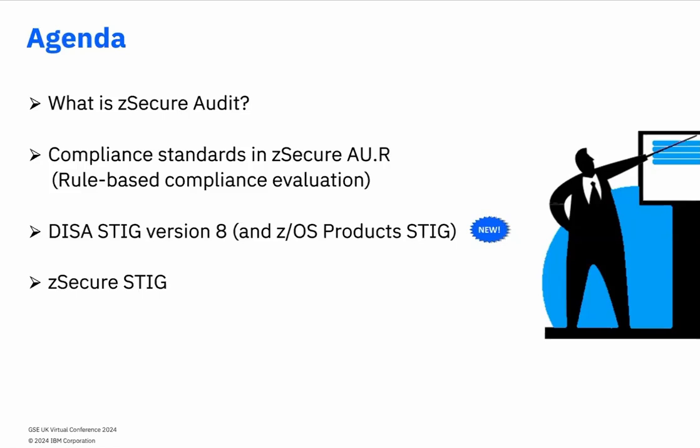You can use the zSecure STIG to check that. Also, since DISA is now deploying the zSecure STIG, all the government organizations in the US that run zSecure also have to show compliancy. So this is another reason why we have added that product. Again, this is something new in 3.1.0.